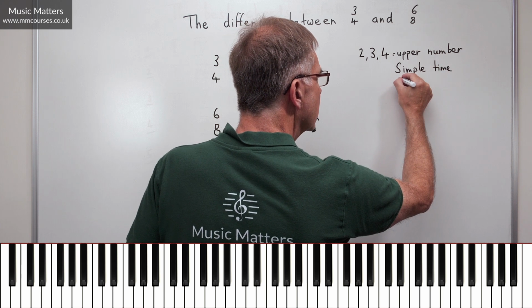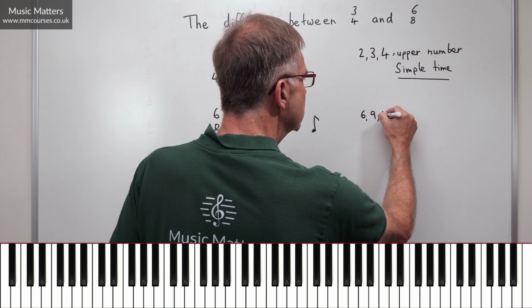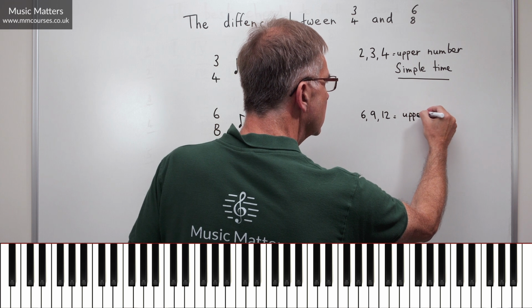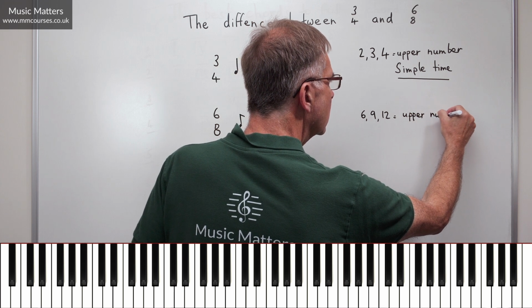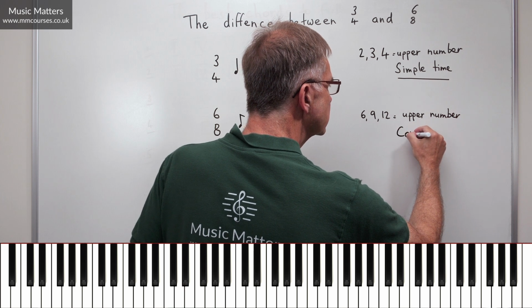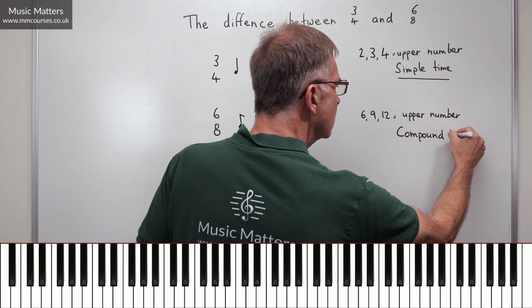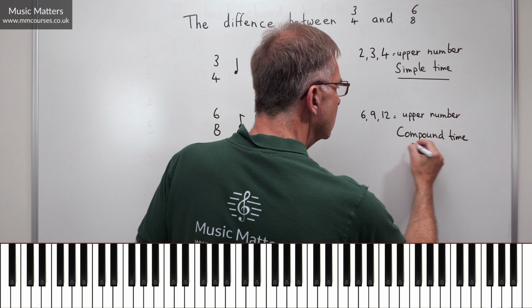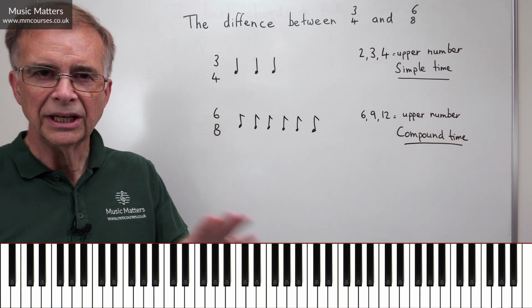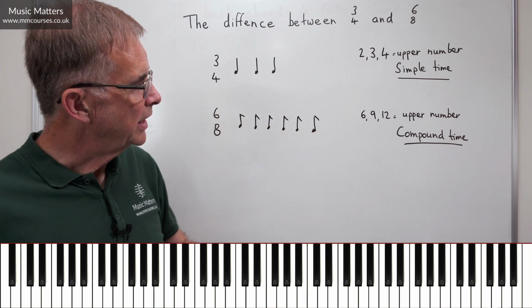If you have 6, 9, or 12 as the upper number, we call this compound time. There are reasons for that, which I don't want to get bogged down in now, but if you can just accept that that's the case, we're in business.